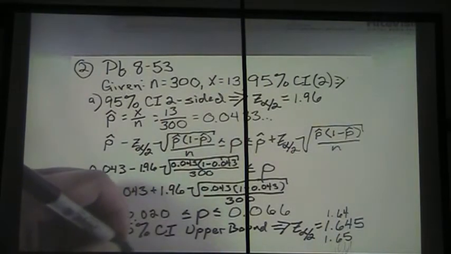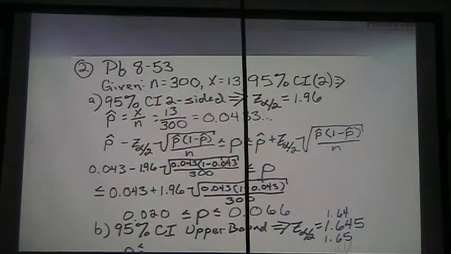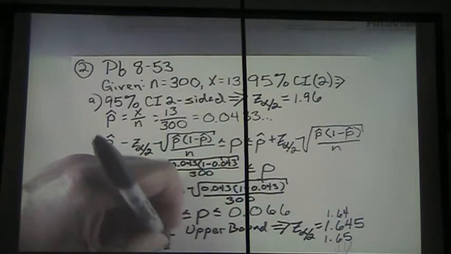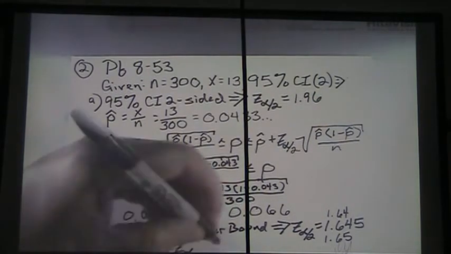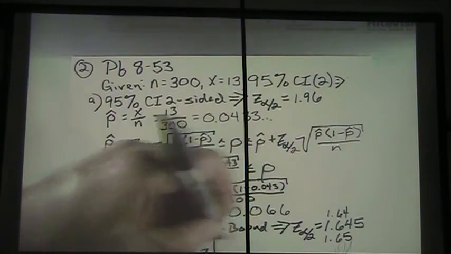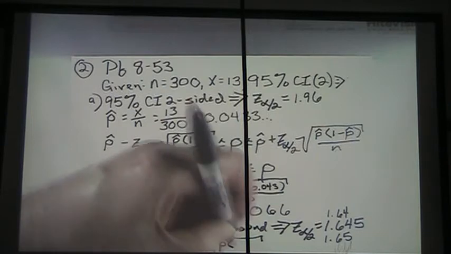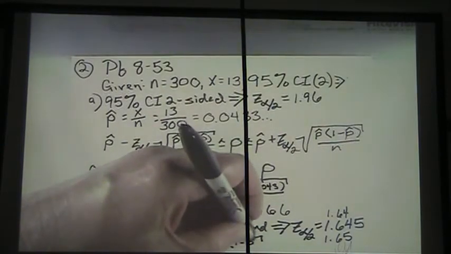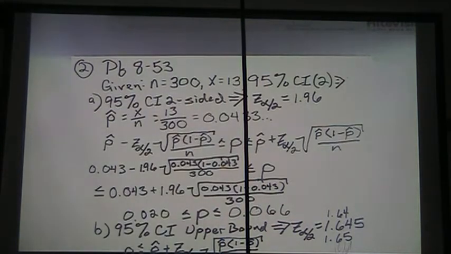So we're going to say the binomial proportion is less than or equal to p hat plus z alpha times the square root quantity of p hat times quantity of 1 minus p hat divided by n. All right, easy peasy.